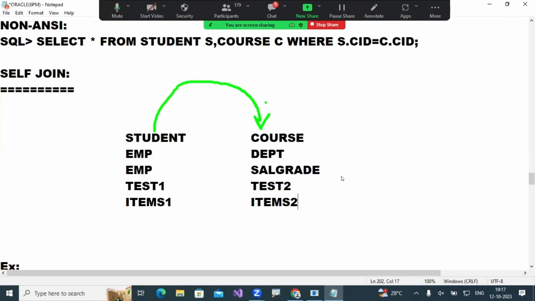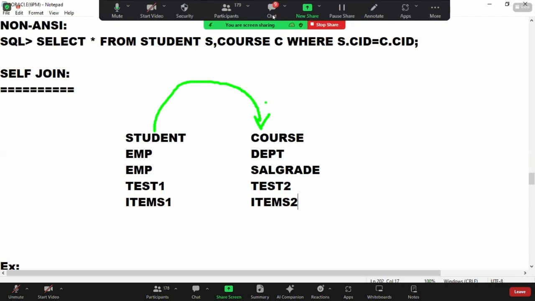EMP compared with DEPT, and DEPT with EMP. Similarly test1 and test2, items1 and items2. One table's data is compared with another table, and finally we get our required information.